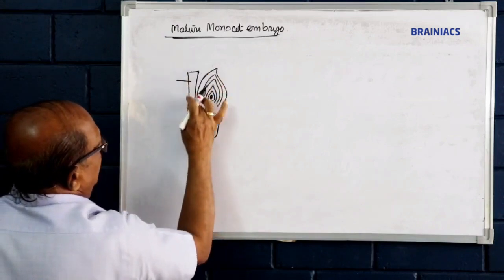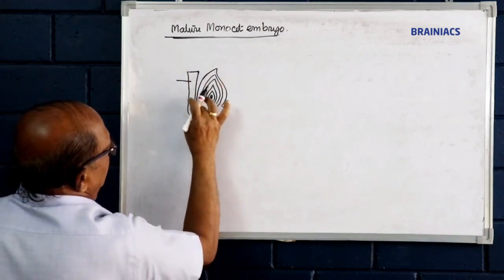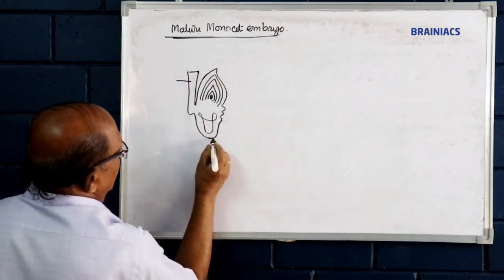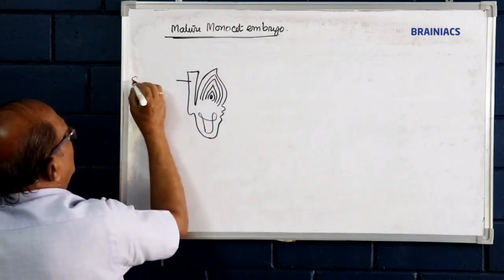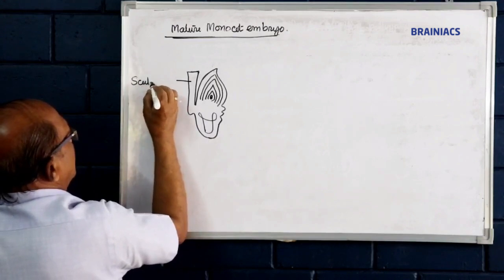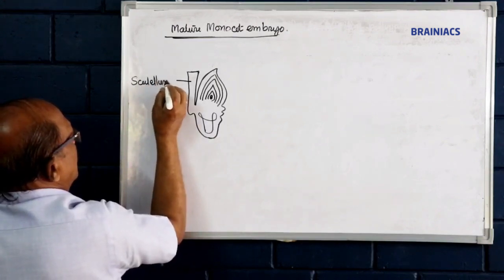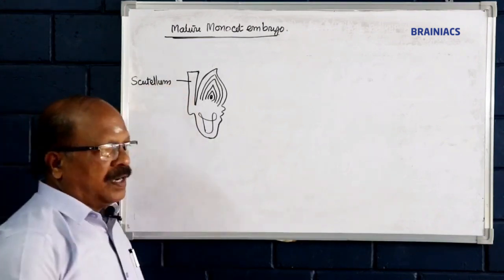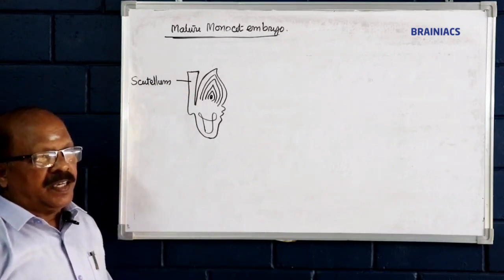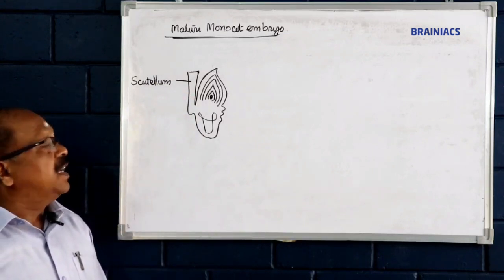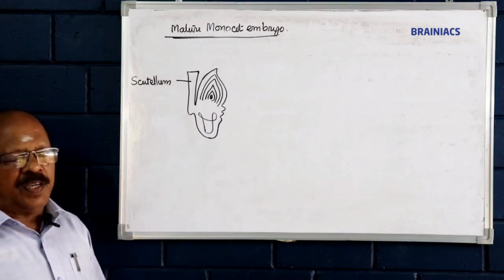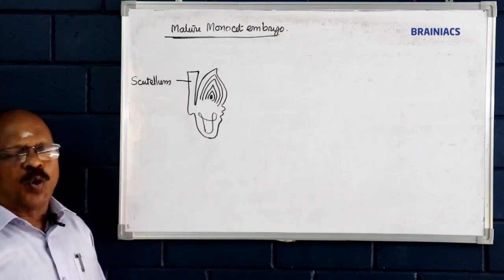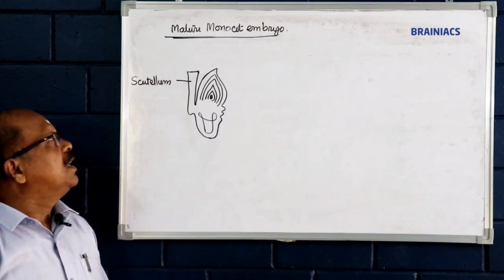This is the flattened single cotyledon, that is called scutellum. The single shield-like flattened cotyledon of the monocot embryo is called scutellum.